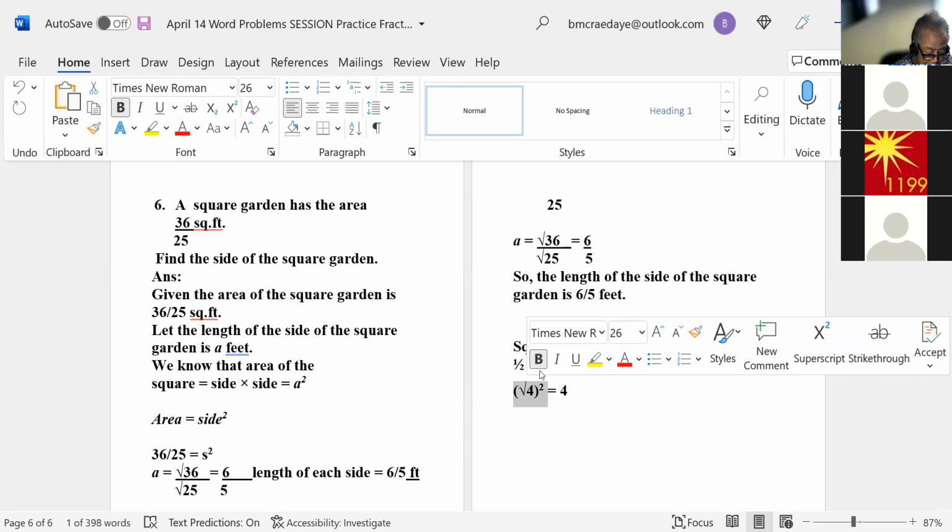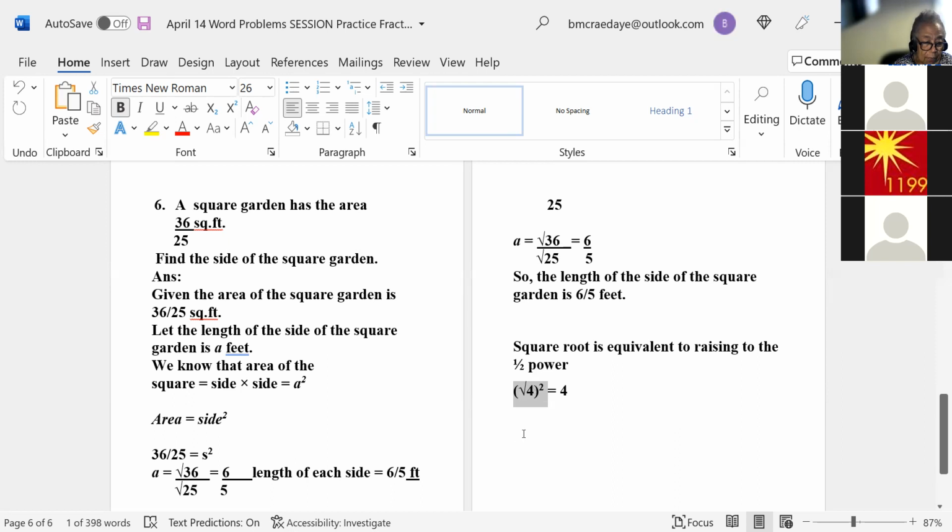All right, so let me just copy this and put it down here. Now, the square root of 4, I'll just put this in like this. Take out the radical, and I put another paren in.